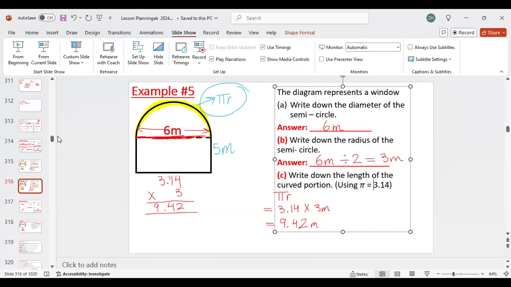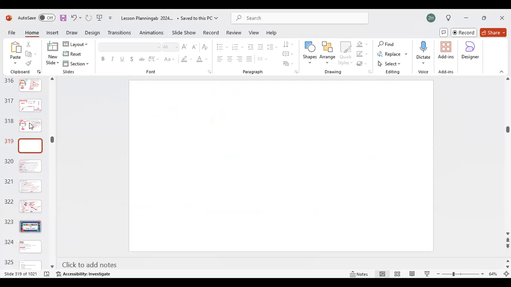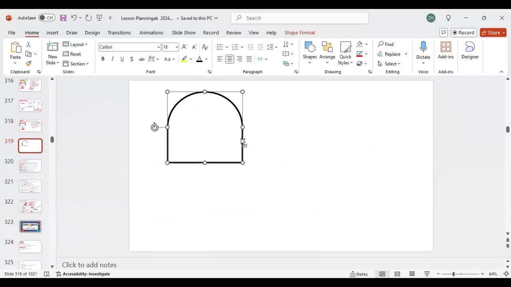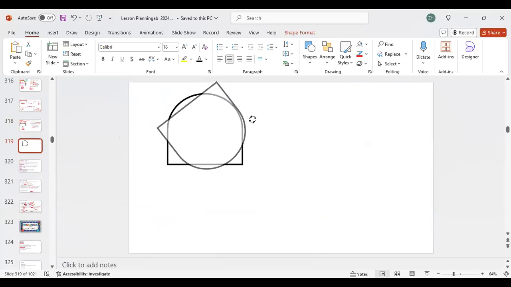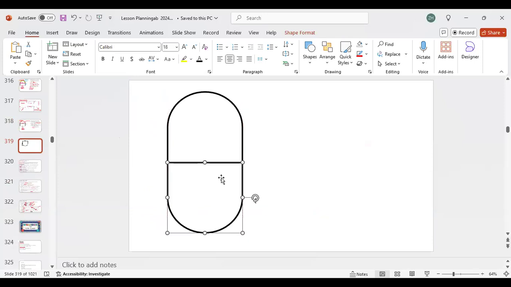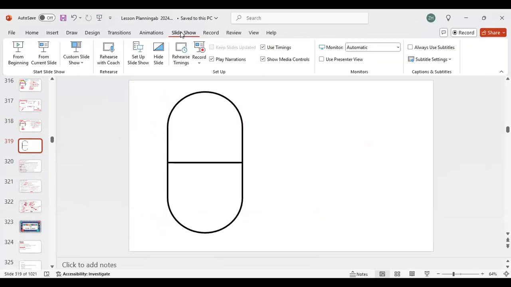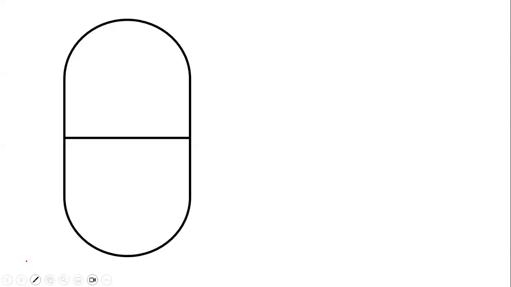So let's say that we have this guy. Let's say that we know that this here is 20 centimeters.